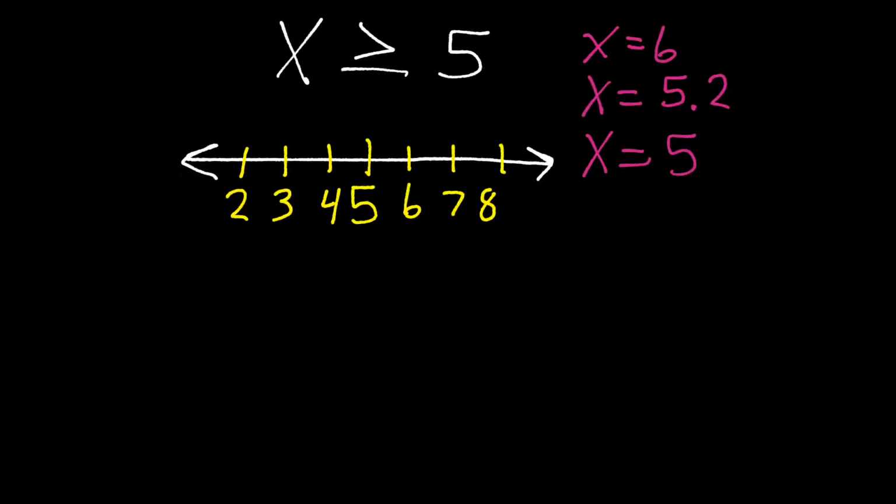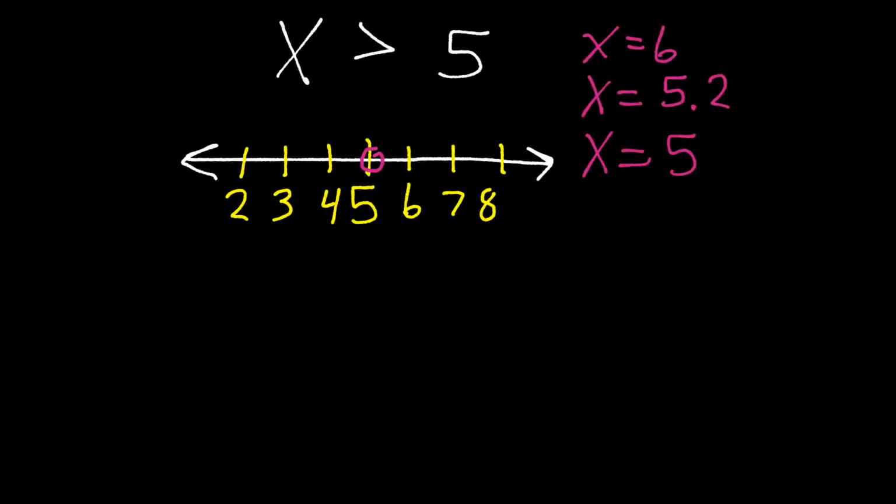And now we need to put our answer in. Before, when it was just less than, this is greater than, I know, but in the previous problem, when it was less than 4, we had to put an open circle. And if I was working with x is greater than 5, I would have to put an open circle at 5.